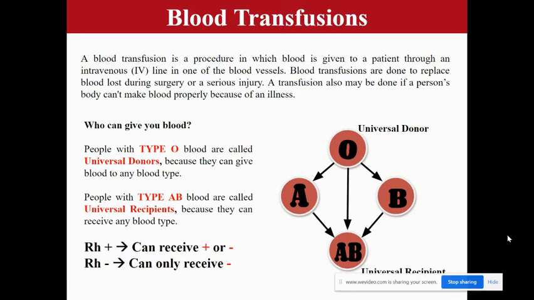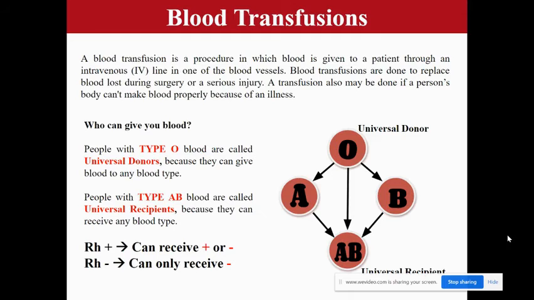Now, there are certain ways that you can give or receive blood. You can't just give it willy-nilly. It depends on what type of blood you have. So people with type O blood are considered universal donors because they can give blood to any other blood type. People that have type O blood are really popular in hospitals when there are blood drives because their blood can be used in emergencies and can be given out to anybody.